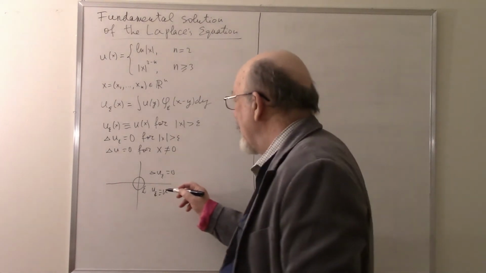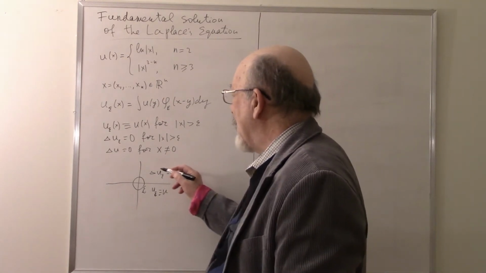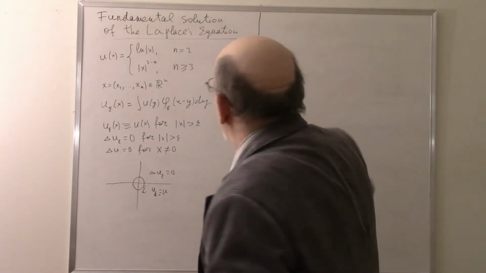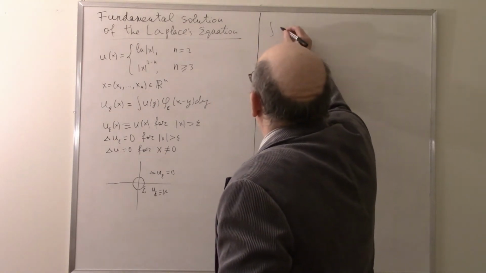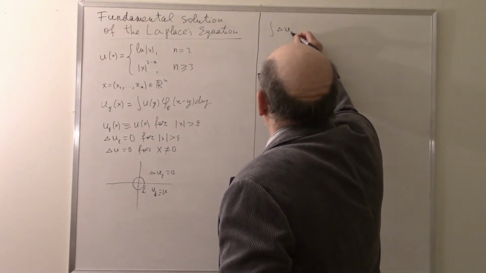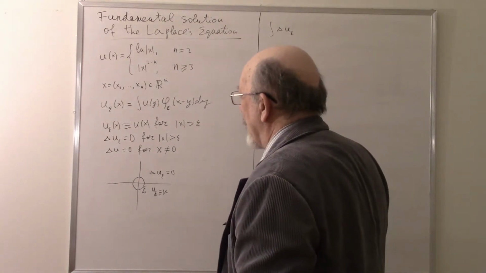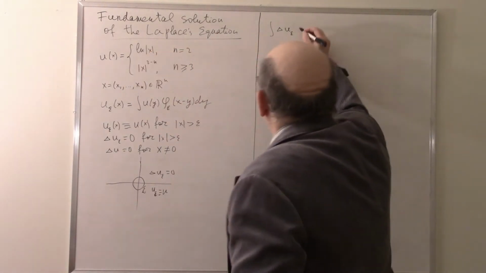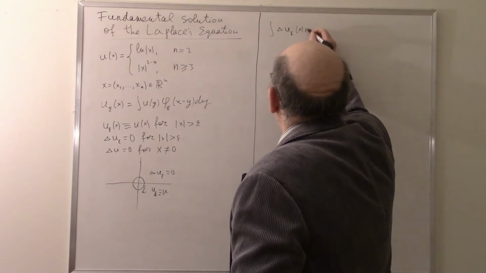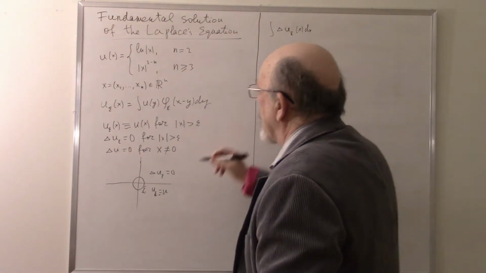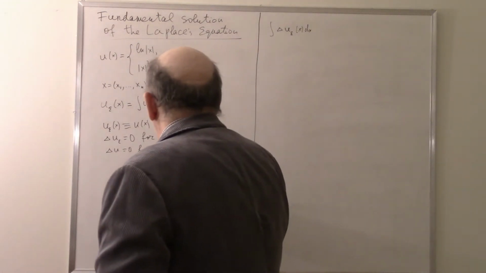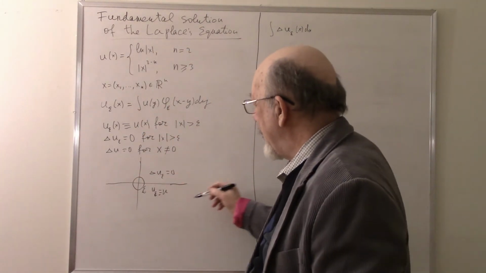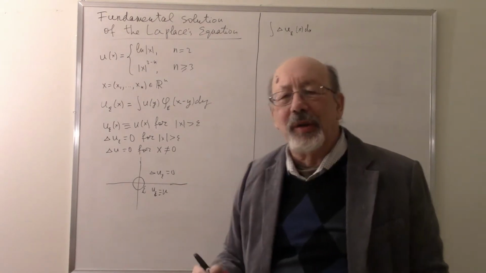The Laplacian of u epsilon is 0 outside, but here it can be not 0. So I'm interested in the integral of the Laplacian of u epsilon. Now, where can we take this integral? The integral of Laplacian u epsilon of x dx we can take over the whole space, because anyway the Laplacian is 0 outside.